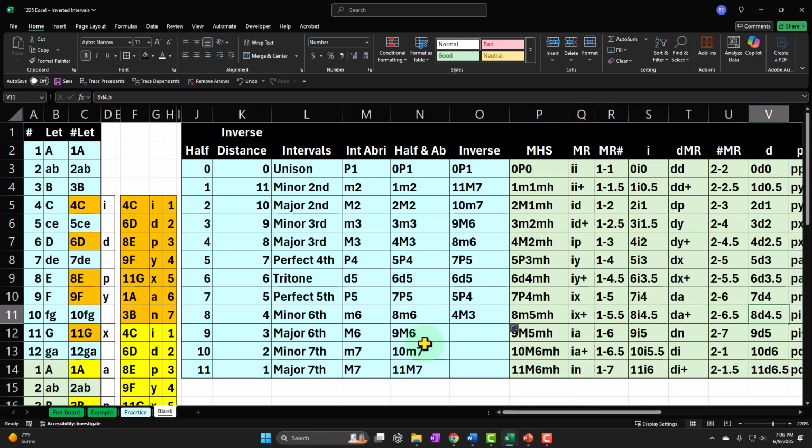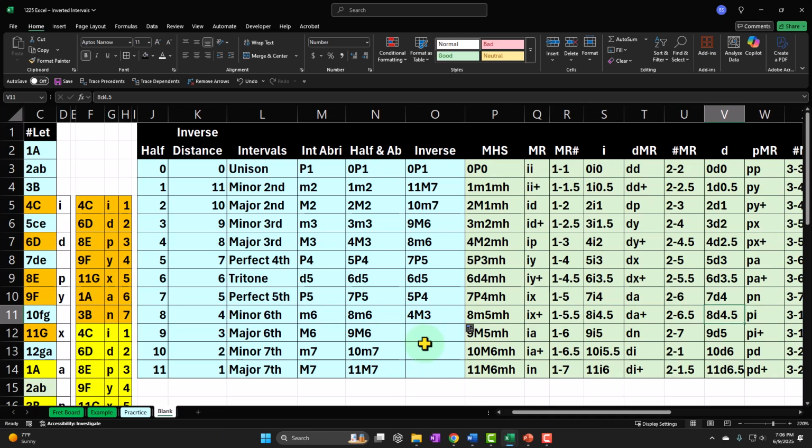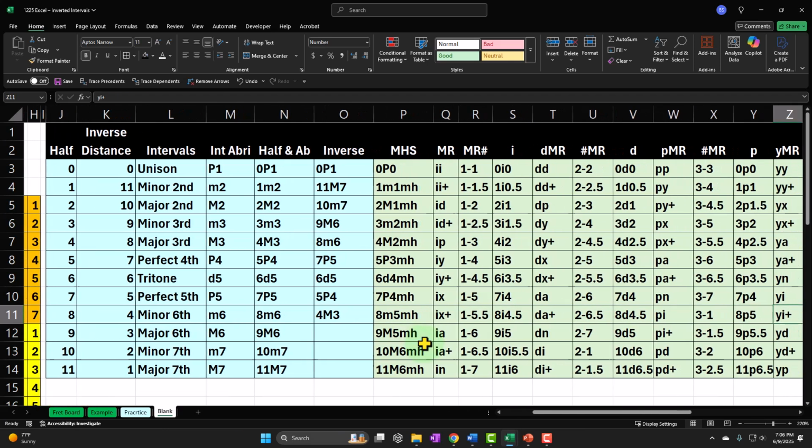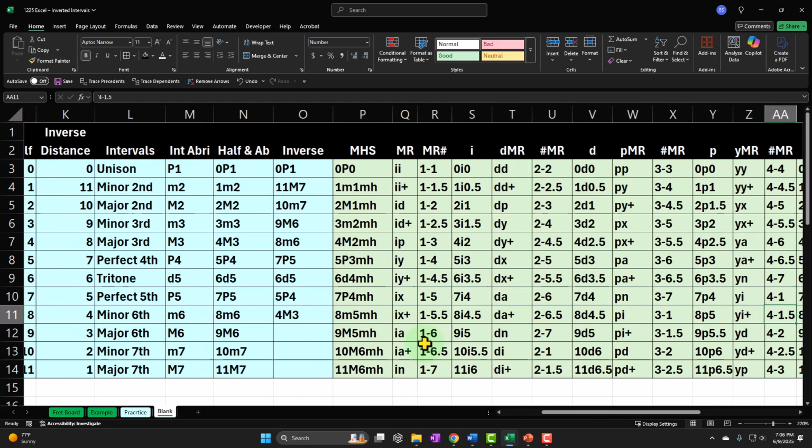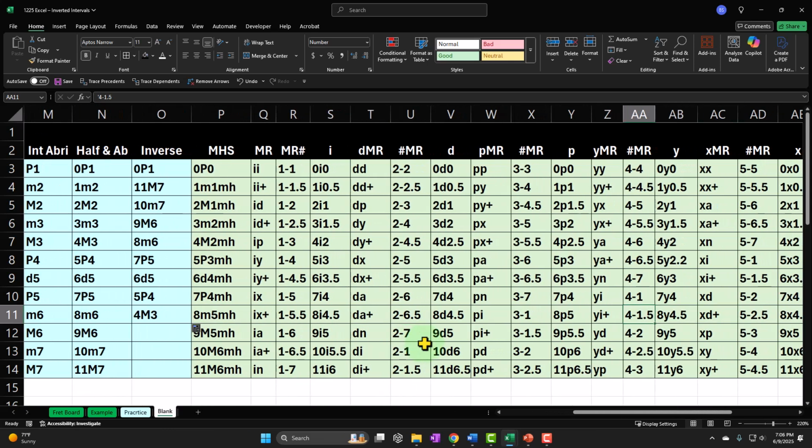Let's look at a minor mode like the Dorian. This is an 8 note away minor 6. So let's say we're on, actually, let's look at the Phrygian, because the Dorian is weird on that interval. So if we're on the Phrygian, it would be an 8 note away Phrygian fifth modal half step. So the inverse would be 12 minus 8, 8, 9, 10, 11, 12, which would be a 4 note away.